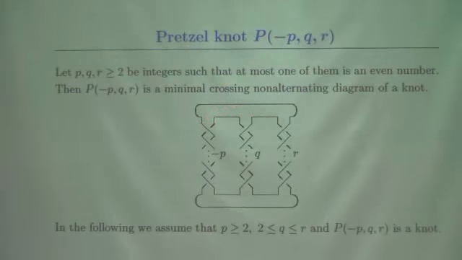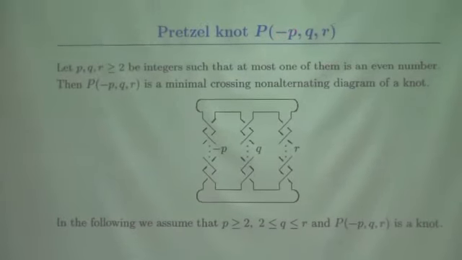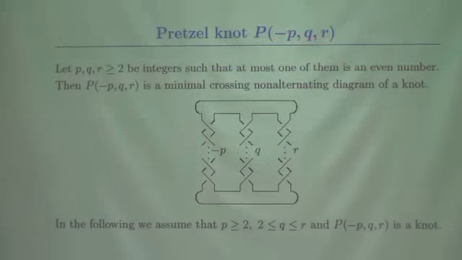Okay, so if one of them is minus and the other two are plus, then this is a triangular region, a non-alternating triangular region, so that we can do Reidemeister move 3, and you can do the same thing over here.